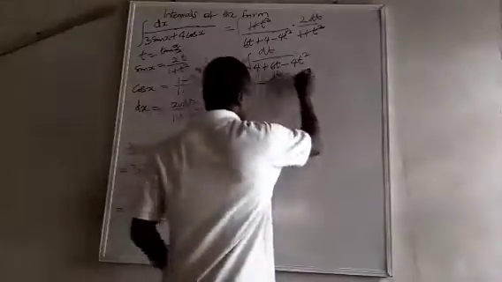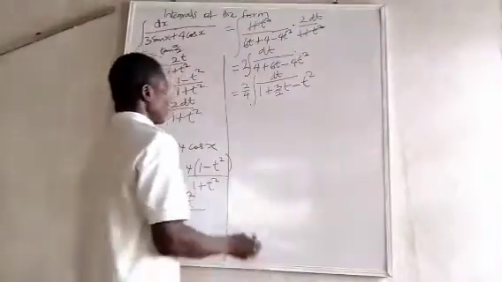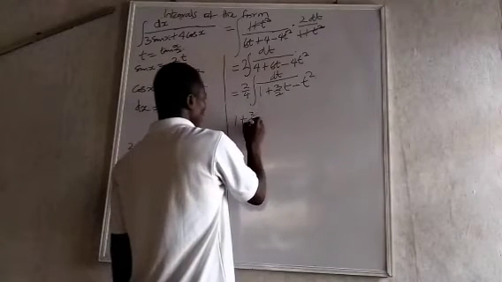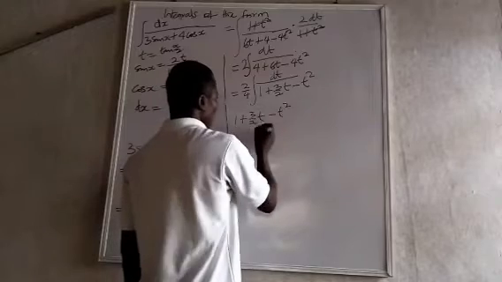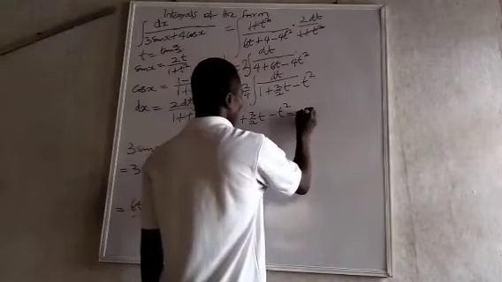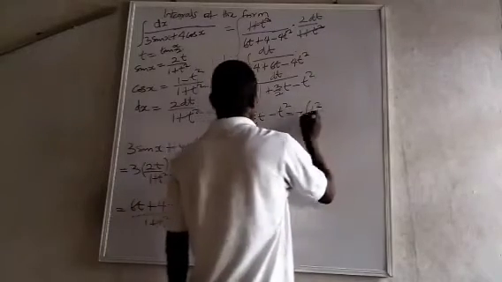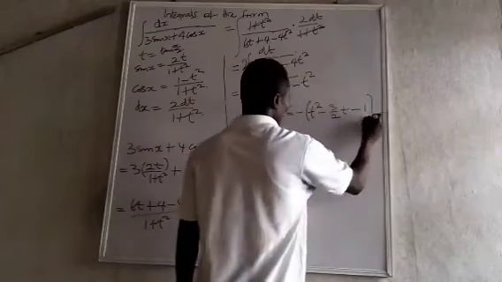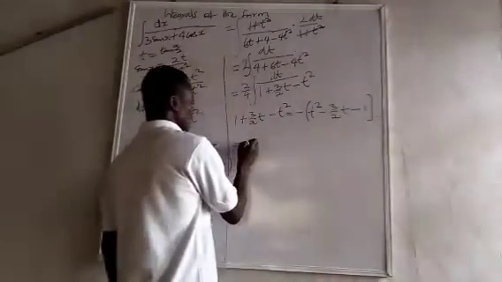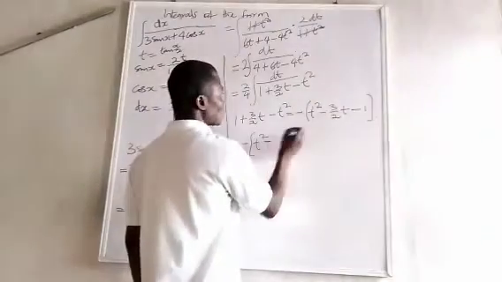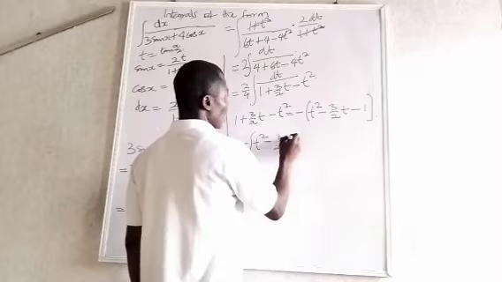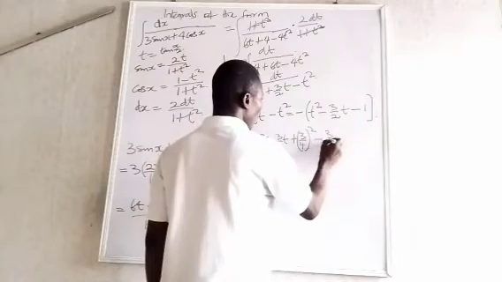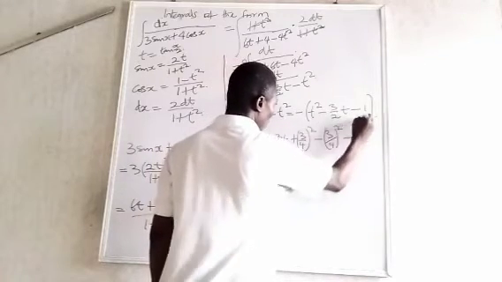Now, let's use completing the square to separate this one here. So we are going to have something like this. 1 plus 3 over 2 t minus t squared will be equal to minus into t squared minus 3 over 2 t minus 1. So you can see, we should have minus into t squared minus 3 over 2 t plus 3 over 4 squared minus 3 over 4 squared minus 1.